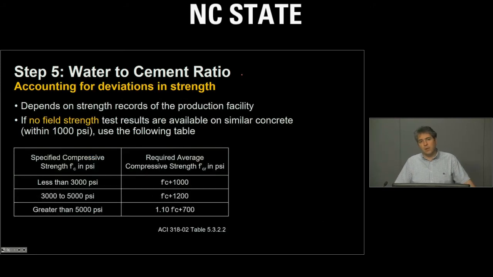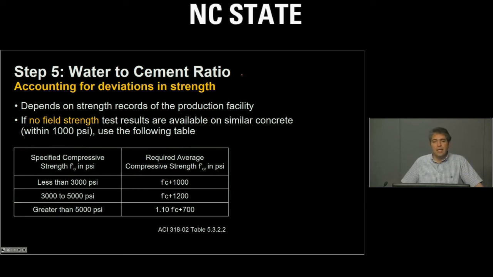We will do the following. First, we will look at whether there exists data on a similar concrete. We define a similar concrete as a concrete that has a compressive strength within 1,000 psi of the concrete that we want to proportion.